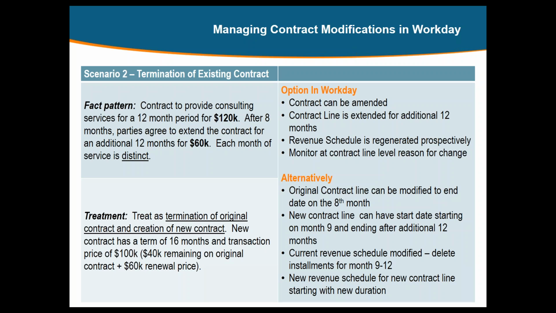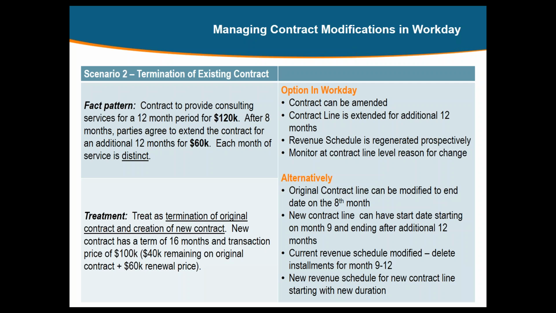So one way of doing this, in the first scenario, the contract line for the consulting service can be extended for the additional 12 months, again, using the amendment process. The revenue schedule then is regenerated, and this is done prospectively, so from month 9 to the end of the contract for the remaining contract amount.